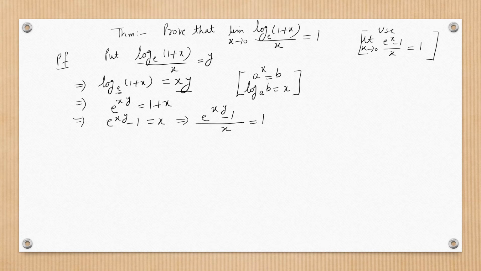Again, if I need to use this formula, as the power is e raised to power xy, I need xy in the denominator also. So for it, what I need to do, I will multiply and divide by y on the left hand side.